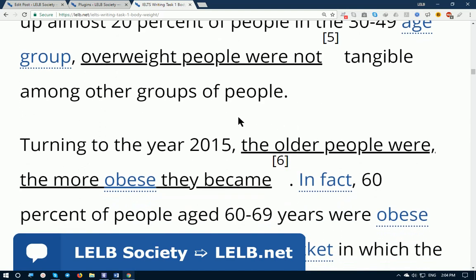Another mistake that this essayist, or IELTS writing task 1 reporter, has made is that he has used too many words.